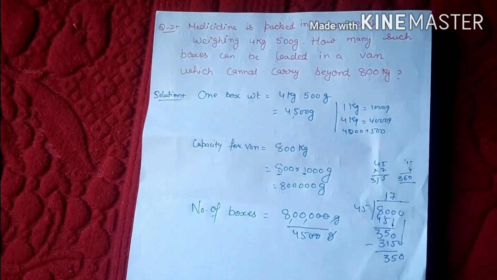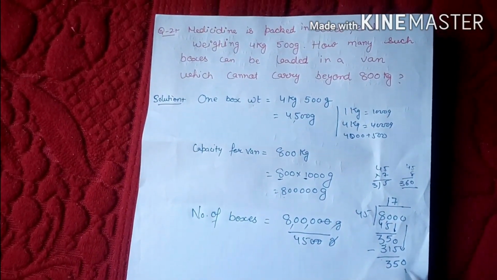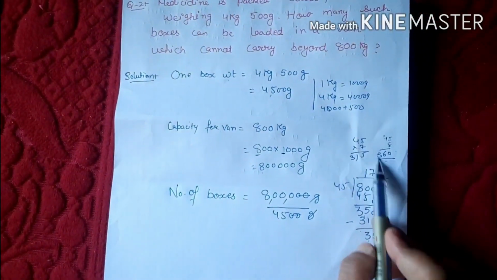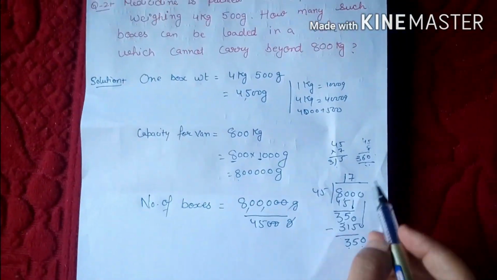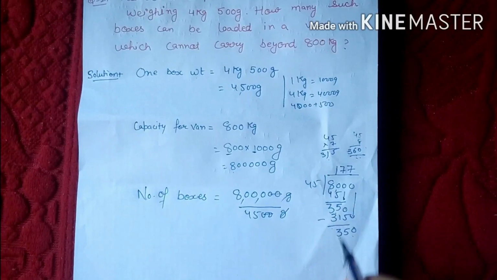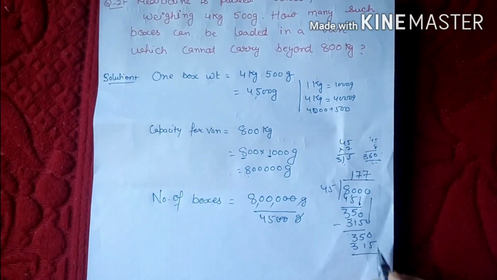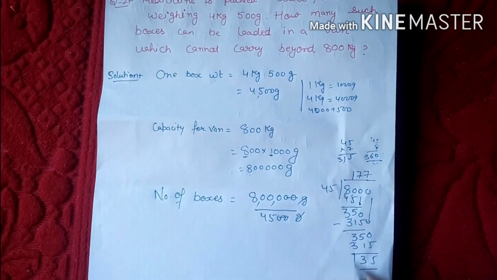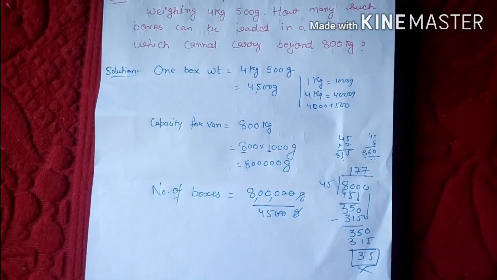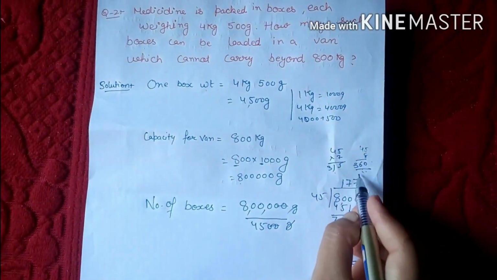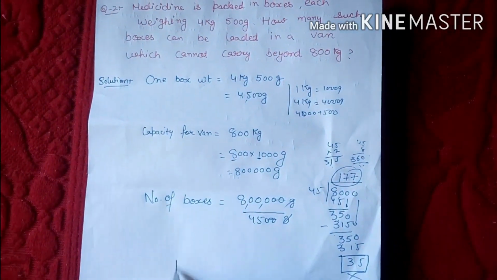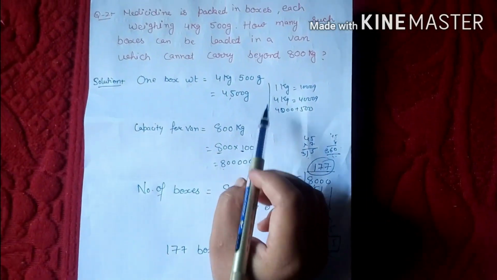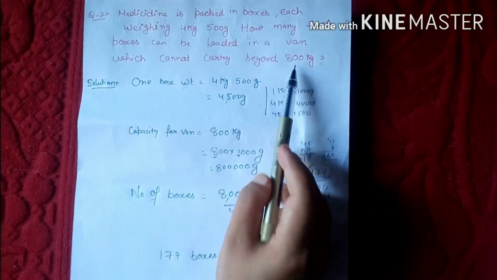Now again bringing down, it becomes 350. Again it will not go with 8, it will go with 7 only. So 45 sevens are 315. 10 minus 5 is 5, 4 minus 1 is 3. So this remainder we don't require. We require only the quotient. It means 177 boxes we can load in the given van.